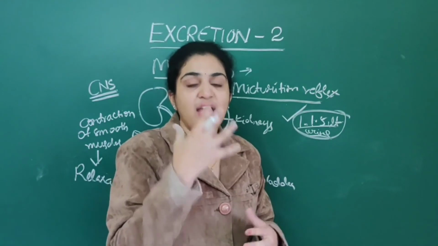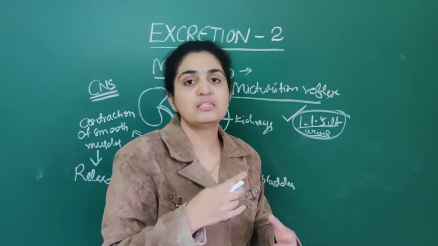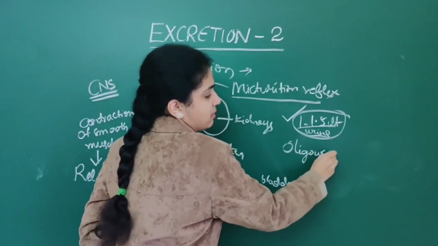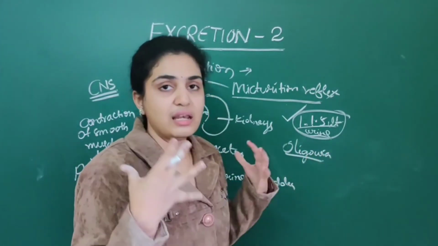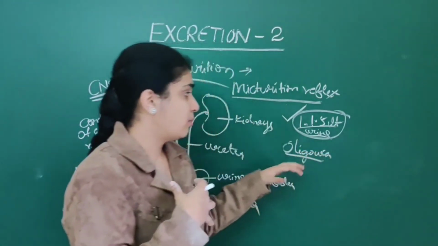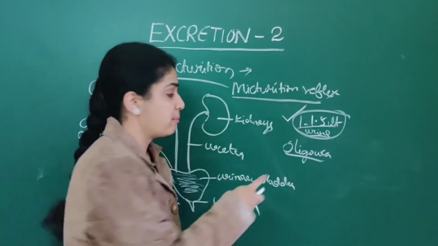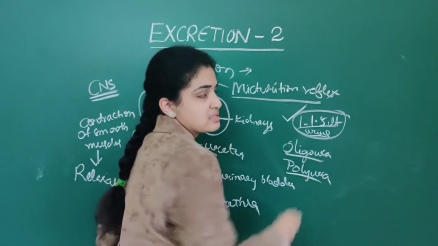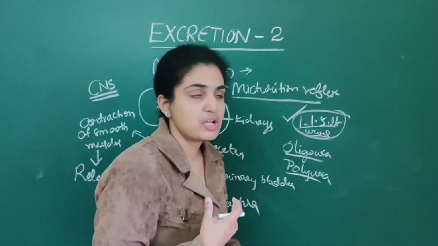If a very small amount of urine is excreted, it is called oliguria. Oliguria means very little urine, less than required. If it is excreted in larger amounts, it is called polyuria, meaning excess urine. This is extra information I am providing.